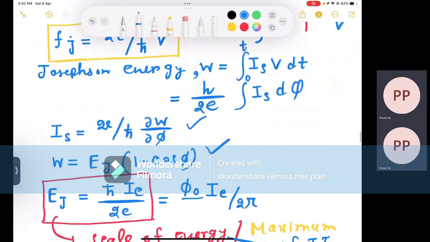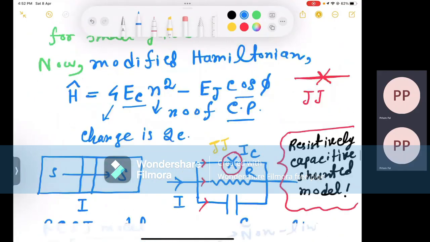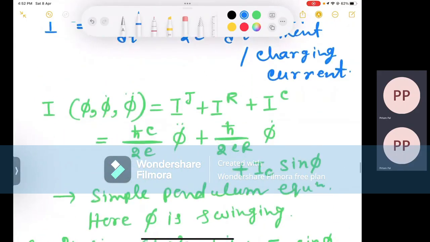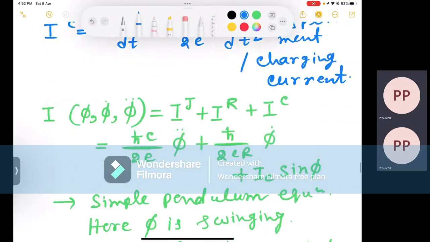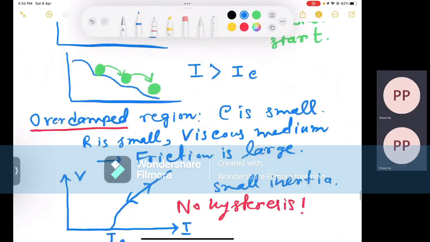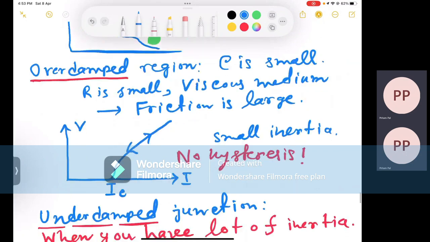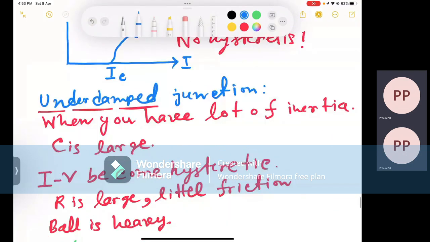In the overdamped situation, you will not see any kind of hysteretic behavior in the IV characteristics. But in the underdamped situation, whatever I have shown you, there you have seen there is a hysteresis in the IV characteristics that was present there.